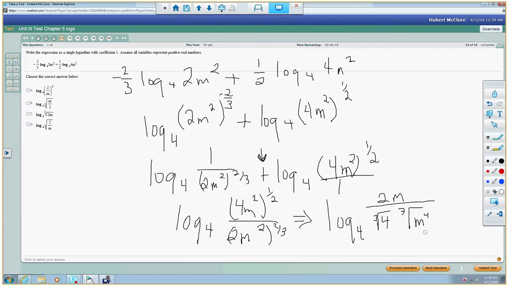I think I'm going to get the m's to come out right. I'm not sure. But I'm still worried about this cube root of 4. I still think that's not right. Exponent over index.